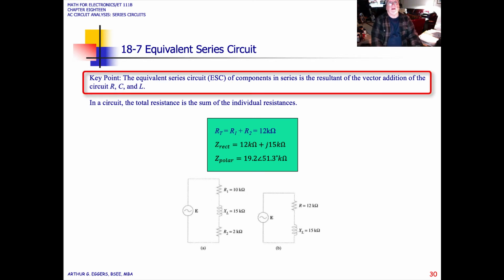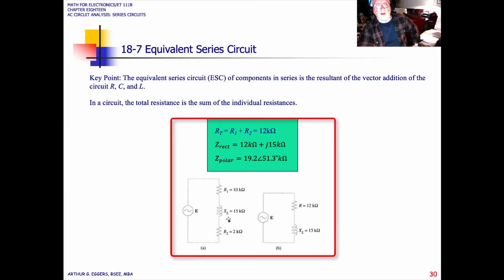If we look at equivalent series circuits, they're using ESC as the abbreviation, the equivalent series circuit of components in series is the resultant of the vector addition of the resistor, the capacitor, and the inductor. So if we have an example here, you can see R1, R2, and X sub L are all terms that can be added together.